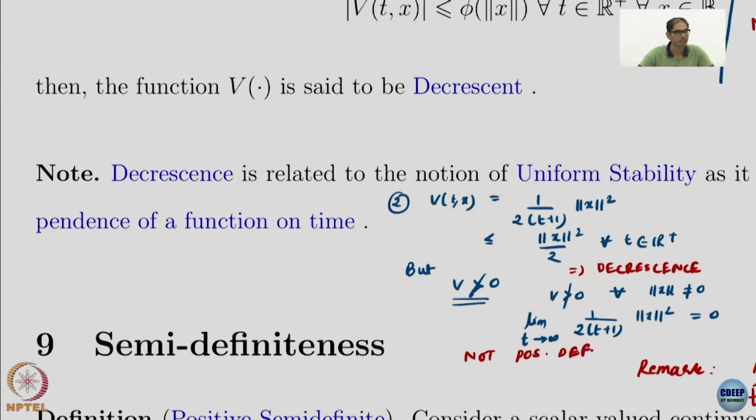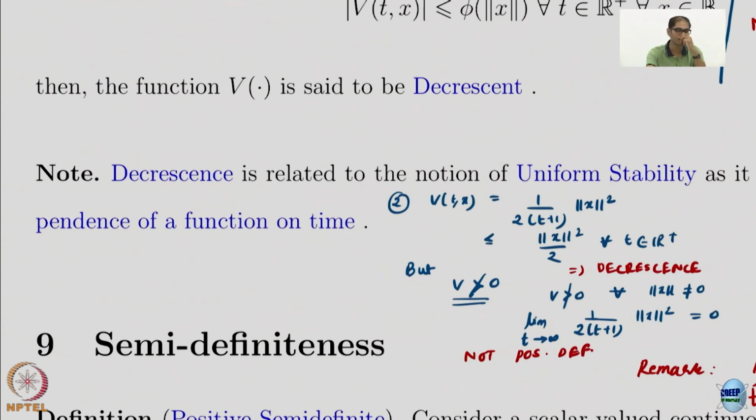So are there functions which are both positive definite and decrescent, because that is what we need for uniform stability? We said that decrescence is connected to uniformity, positive definiteness connected to stability. So unless I have both, I cannot claim uniform stability. So what are we saying? There are no uniformly stable systems in the universe.